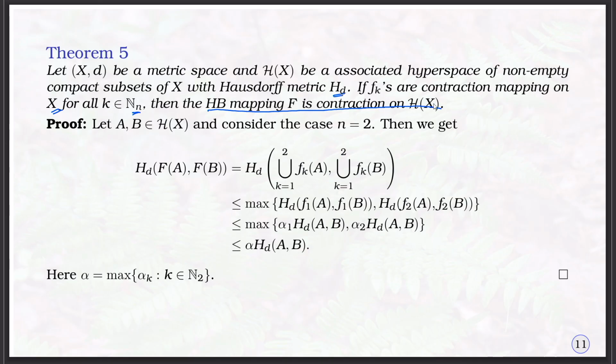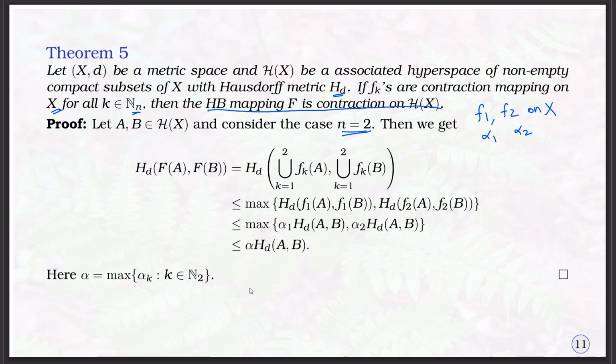This theorem we can prove by the induction method. So, let us take n as 2, that means we have two mappings F1 and F2 that are contractions on X with the contraction ratios alpha 1 and alpha 2.